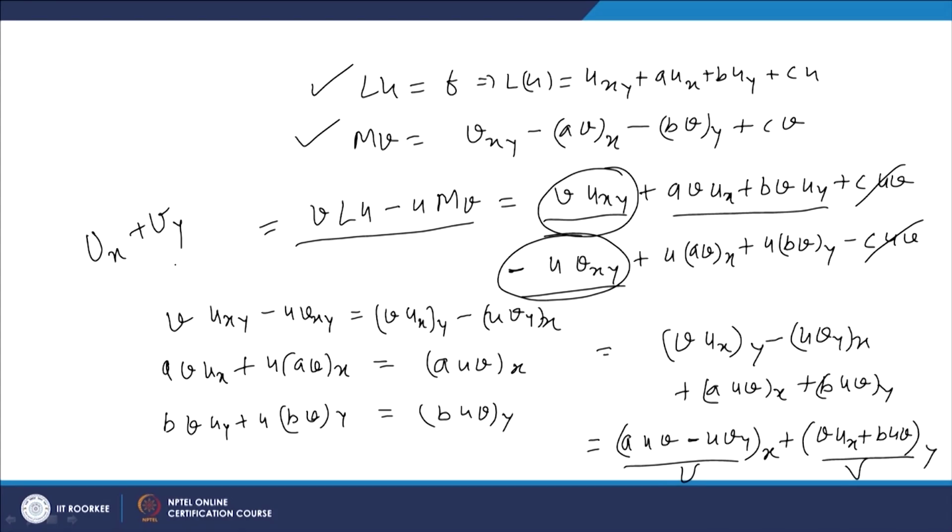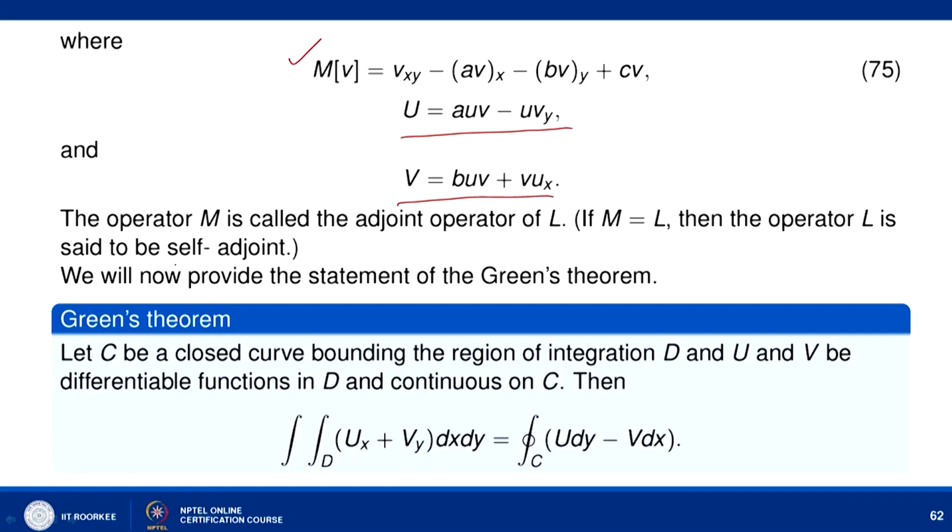In ordinary differential equation we have written a similar kind of identity, and these two identities are known as Lagrange's identity, and the operator M which we have defined here is known as the adjoint operator, and in a similar way as we have defined for ordinary differential equation, if M is equal to L, then L is called a self adjoint operator.